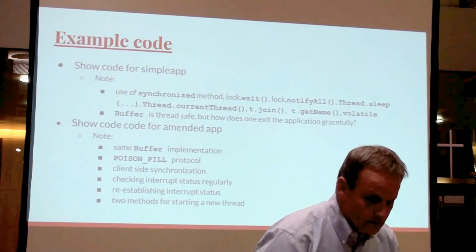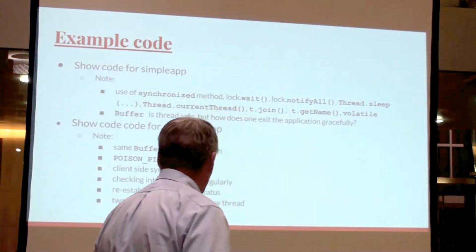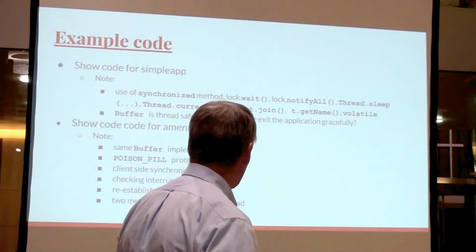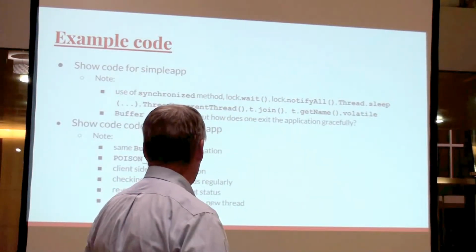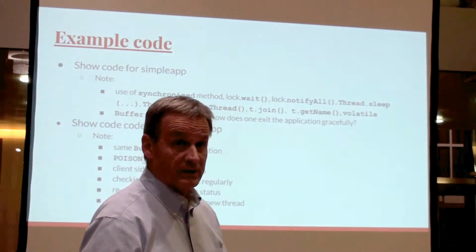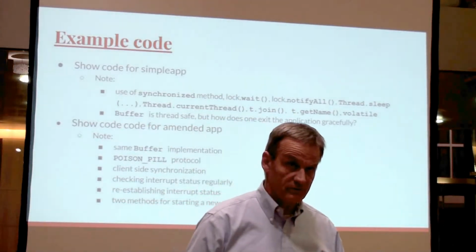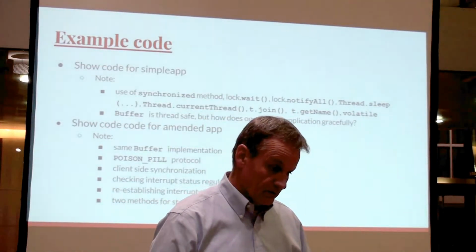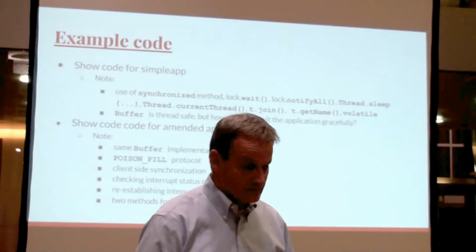I think I went over the use of wait, notify all. Thread sleep we saw an example of. Current thread, I think I didn't point it out, but that is a method that returns the thread that is currently invoking the methods.